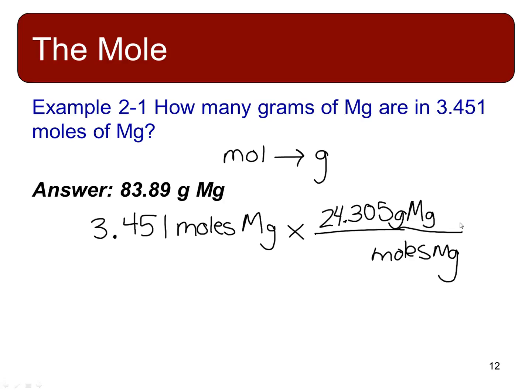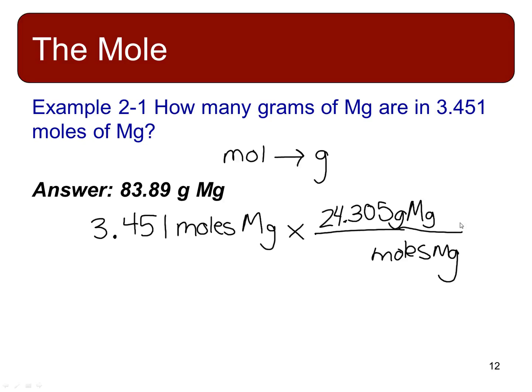If you go to the periodic table and you find this number, the atomic weight, it's always based on 1 mole. That's how we can convert, and we're going to see obviously a lot more complicated conversions, but the one common thing is when you go to the periodic table and you add up or you look at the atomic weight, it's based on 1 mole every single time. That's what the periodic table is built on.